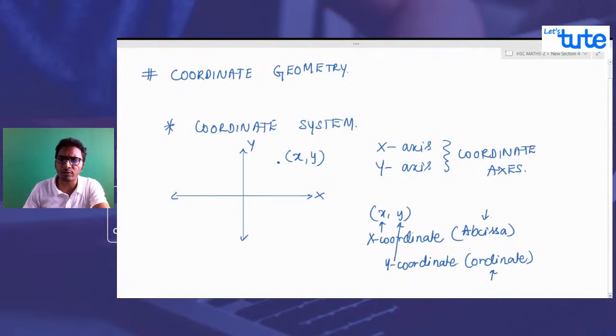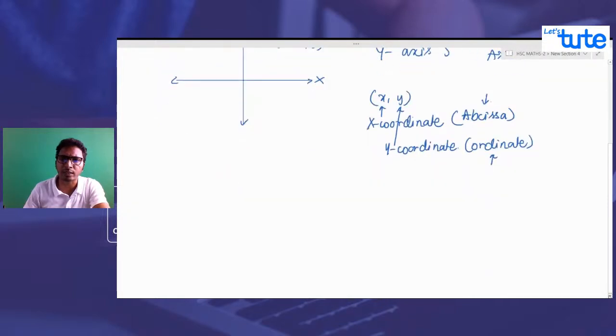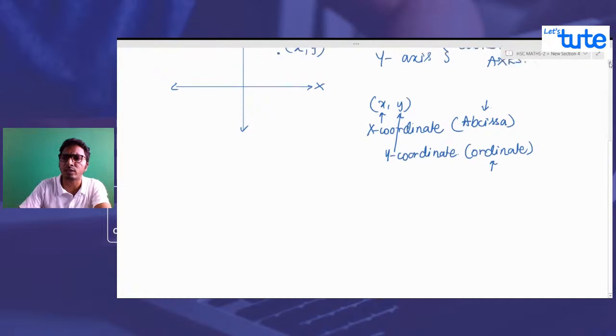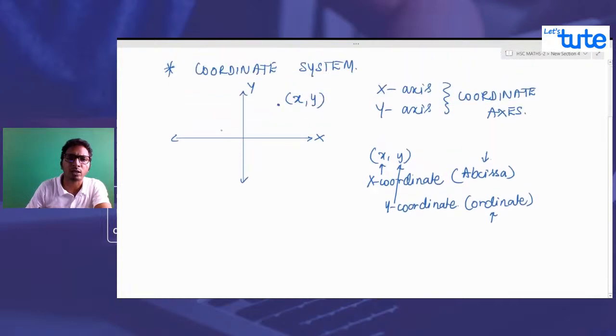Now let's go to one of the most important things. Before going into that, let me give you some examples so that it will be much more helpful. Suppose there is a point here. And of course these are nothing but number lines, right? The x-axis and y-axis are basically number lines. The x-axis is the horizontal number line and the y-axis is the vertical number line.